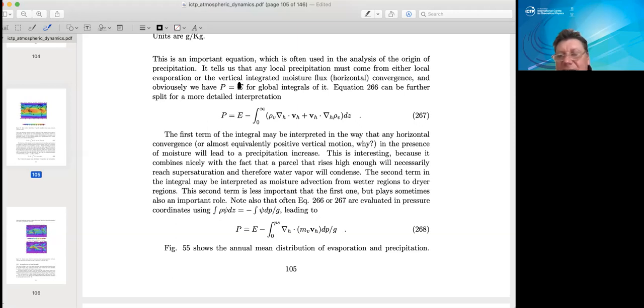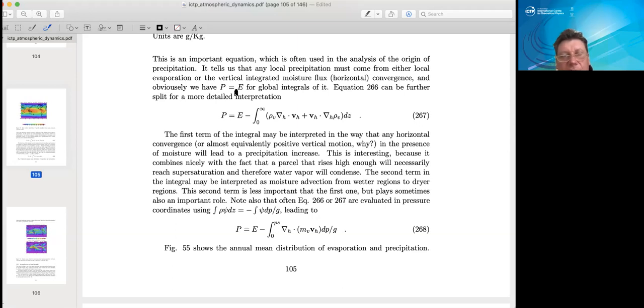If that's not the case, and again, storage can be assumed to be very small for monthly data or even weekly data, so if you find a strong discrepancy between globally averaged precipitation and globally averaged evaporation, then there is a problem with moisture conservation in your model.